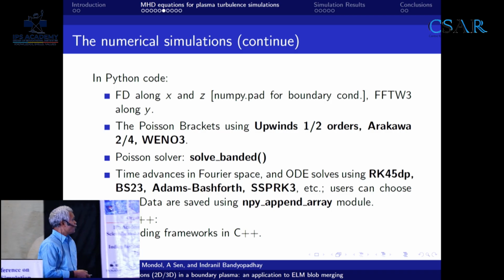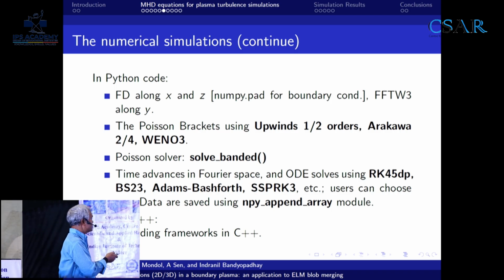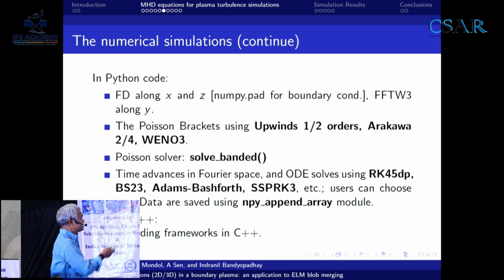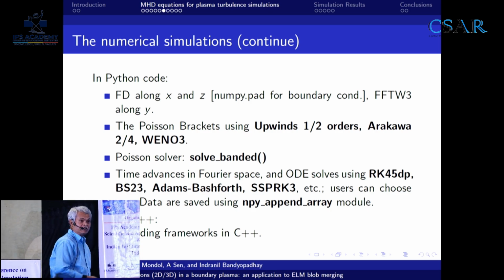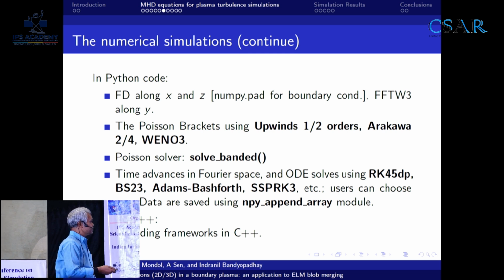So both of these codes use finite difference in X and Z, using numpy.pad for the boundary condition. We can use Neumann, Dirichlet, and periodic. Both codes have used FFTW3, no need to write code, only the calling function.